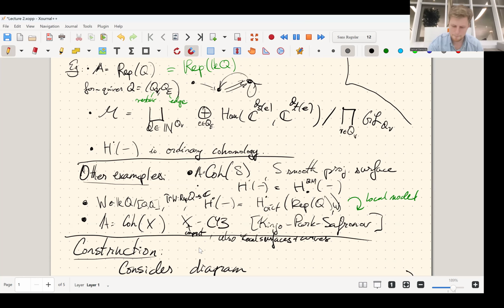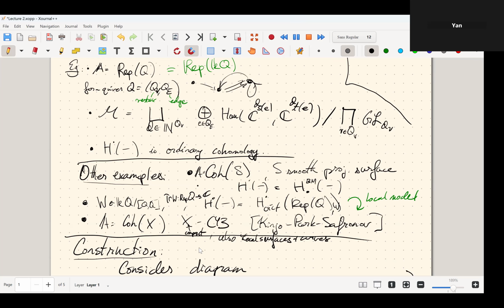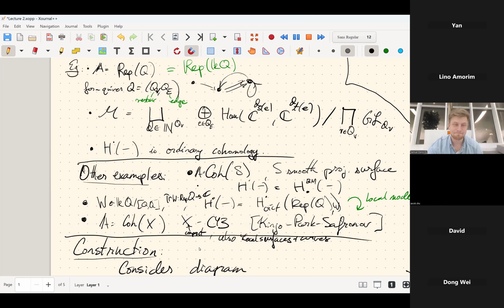But the question is in what generality it can be done, for example, in the maximal generality of Kinjo, Park, Safronov with their assumptions on the moduli stack, or something else. I'm not sure if this is the maximal possible general story.